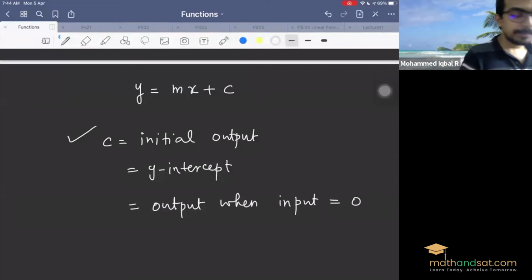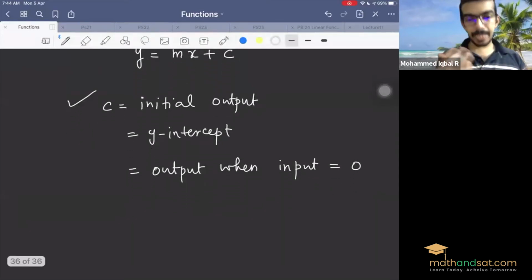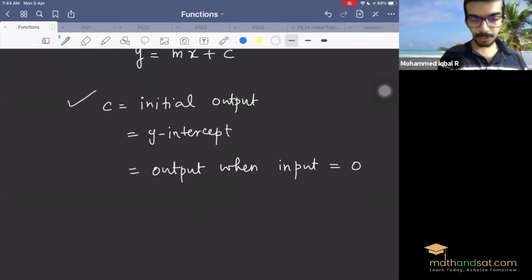For example, let's take another example. Suppose that you already have $100 with you and you are saving $7 every day.